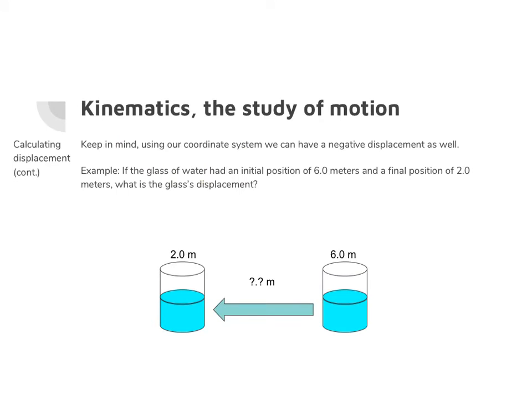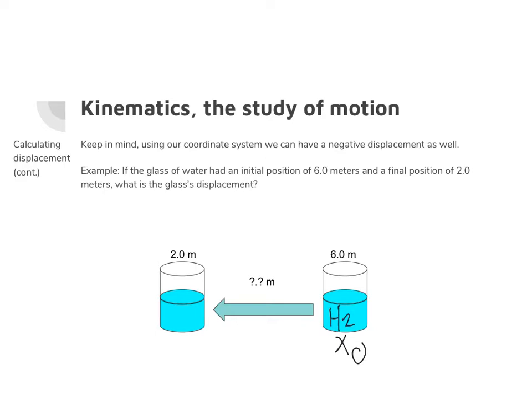Keep in mind that when we are using our coordinate system, we can have a negative displacement as well. So now in this example, our x initial of the water, H2O, is 6 meters.